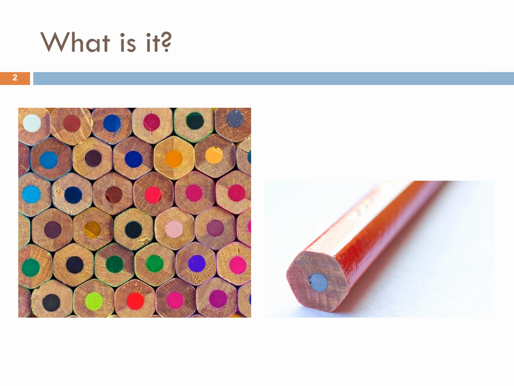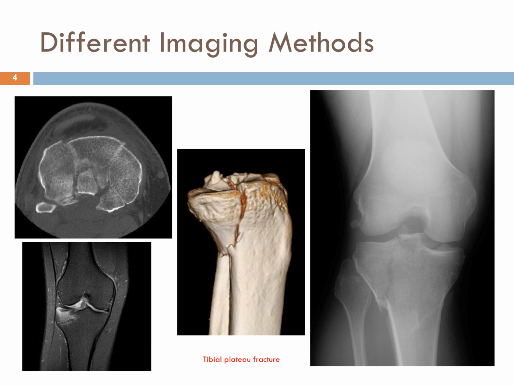Another example I've got on the screen here is a tibial plateau fracture. In the middle you can see a volume rendered CT scan, and on the left-hand side an axial CT scan, and underneath that a coronal T2 weighted MRI scan. On the right-hand side you see the 2D image, which really doesn't give us especially much information.